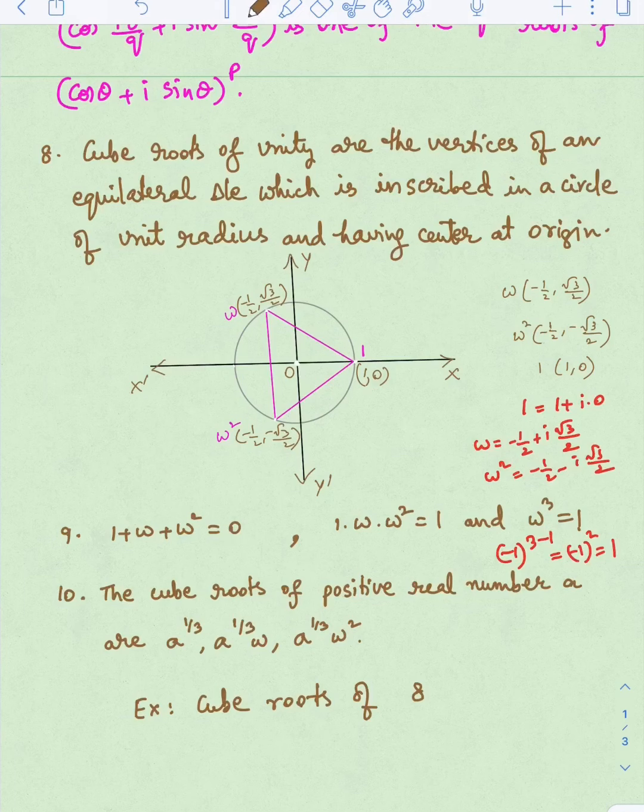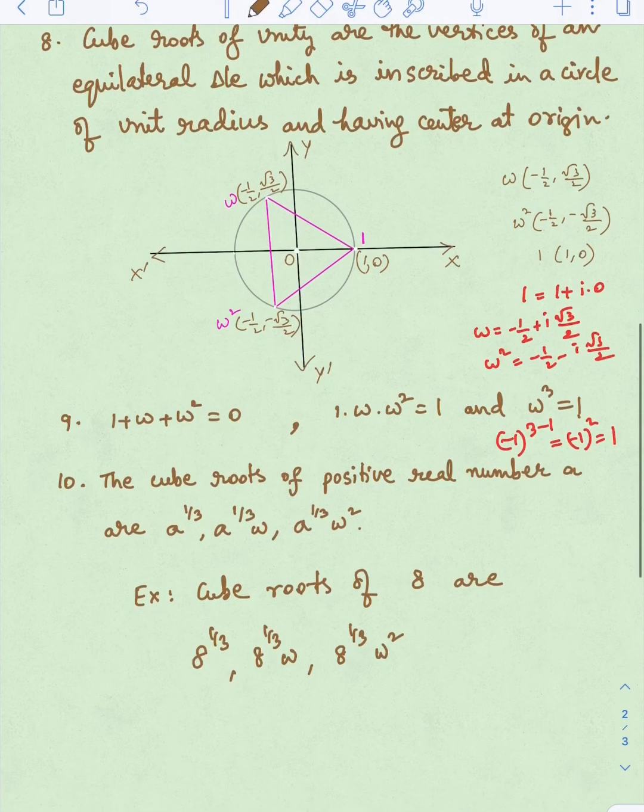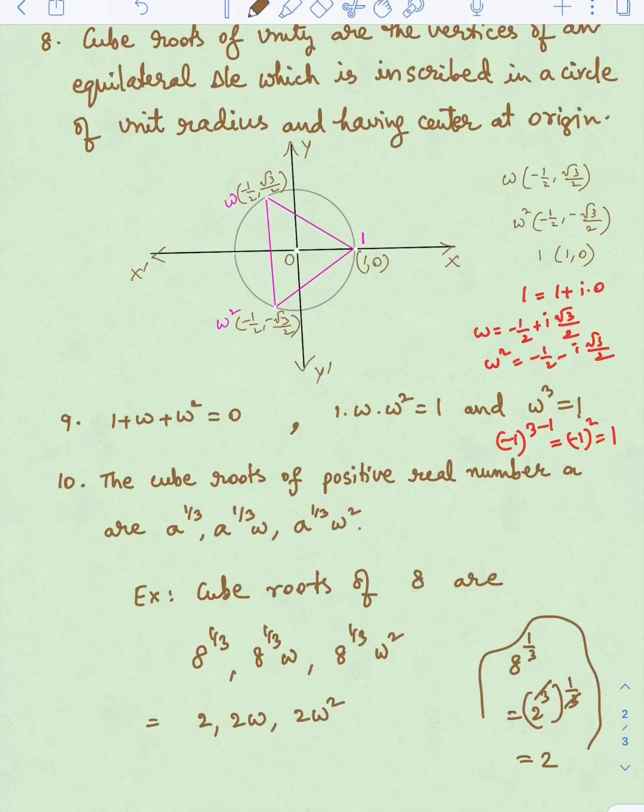What are the cube roots of 8? The answer is 8 power 1 by 3, 8 power 1 by 3 omega, 8 power 1 by 3 omega square. What is 8 power 1 by 3? It is nothing but 2 cube whole power 1 by 3, so 2. So here the answer is 2, 2 omega, 2 omega square.